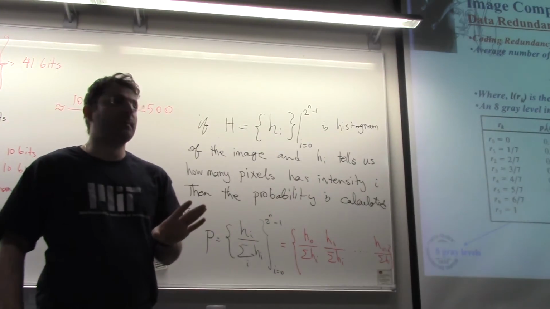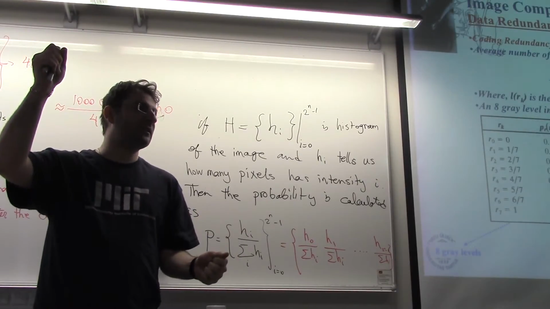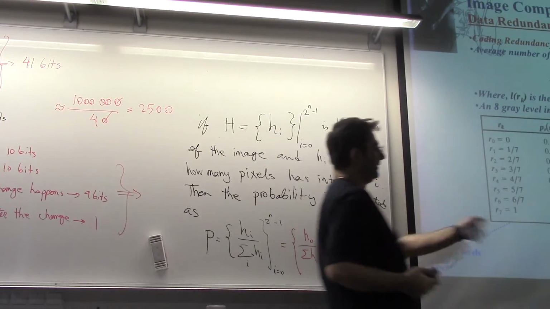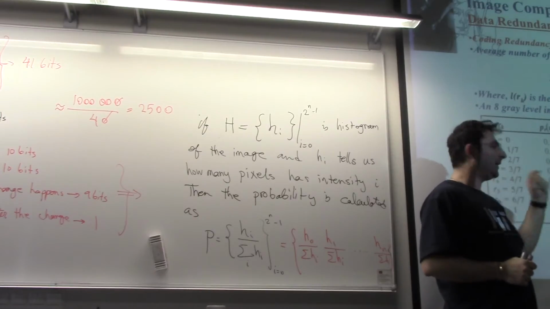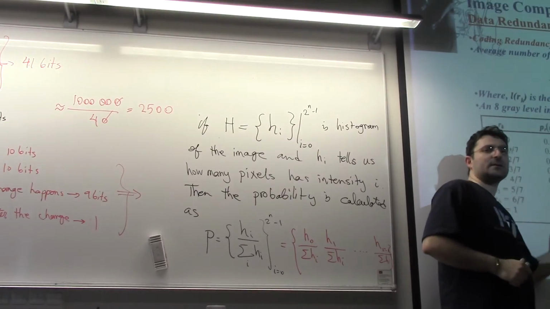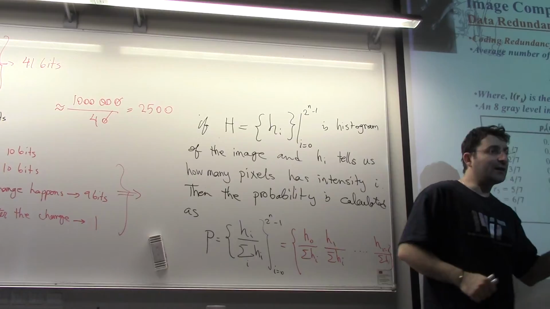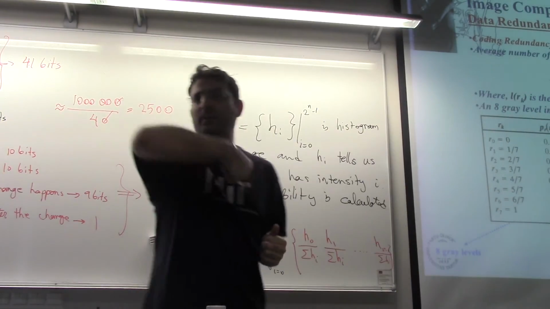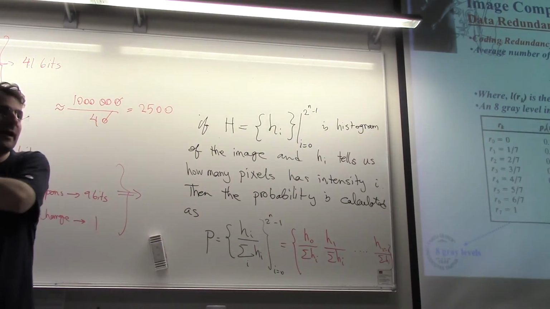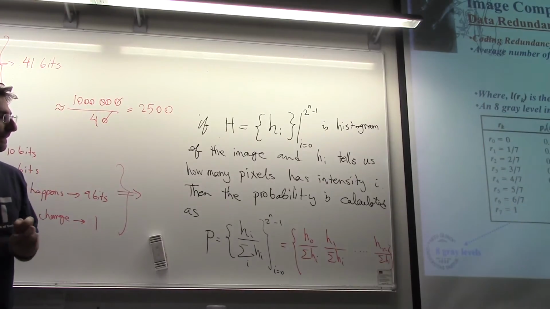Exactly. We don't know the original size of the image. If we knew, we would just multiply by this number and get it. But what will happen if I add all these numbers? I will get 1, because it is the probability distribution of the image. So if I add all the probability values, I get 1.